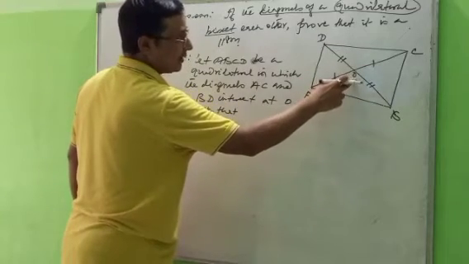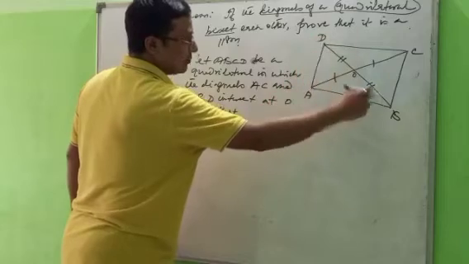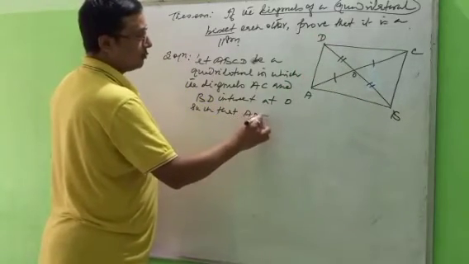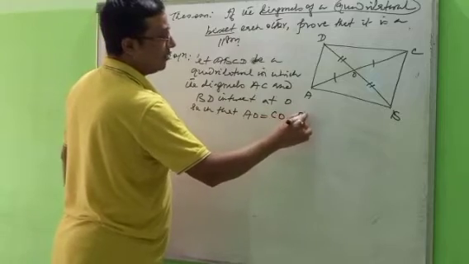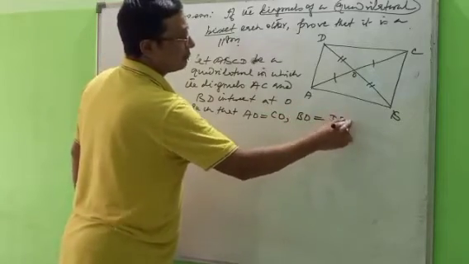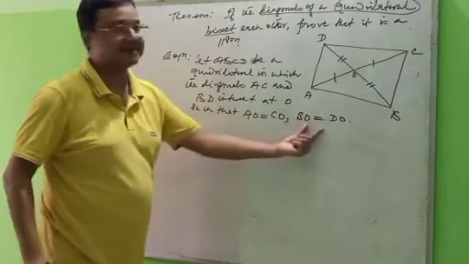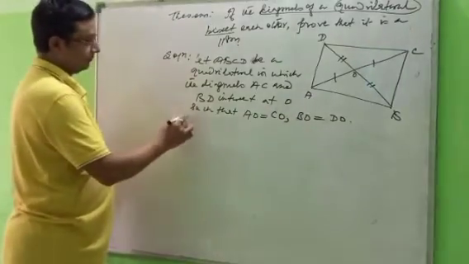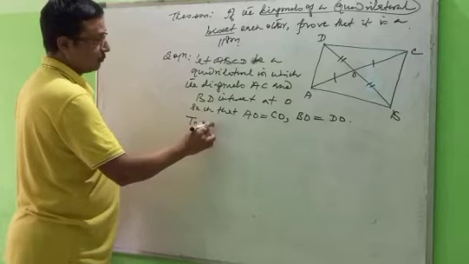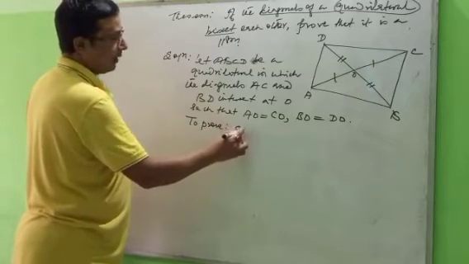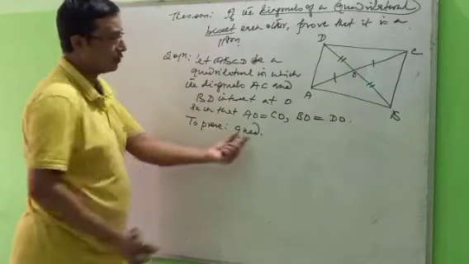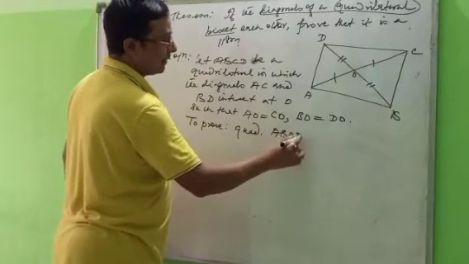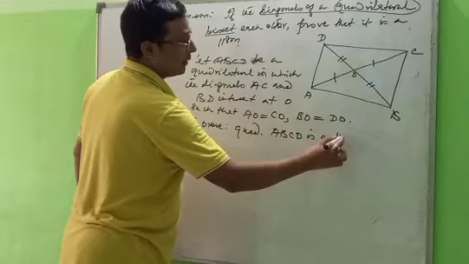That means O is the midpoint of AC as well as of BD. So such that AO equals CO and BO equals DO. This one is given because the diagonals bisect. Now to prove that quadrilateral ABCD is a parallelogram.